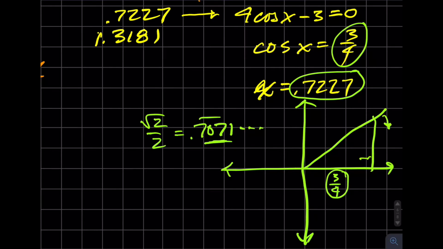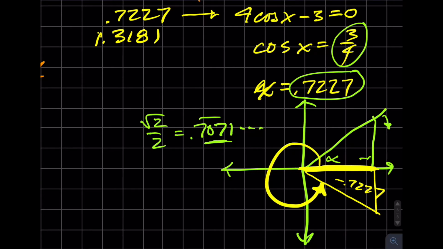So this moves out and this becomes longer, and this angle is a little bit less than 45 degrees. That's really neither here nor there. So we have this reference angle right here. Cosine is positive in the first quadrant, but it's also positive in the fourth quadrant. So the other angle that has this same length of 3/4 is negative 0.7227 radians, which means it's this guy. So it could be either of those two values.